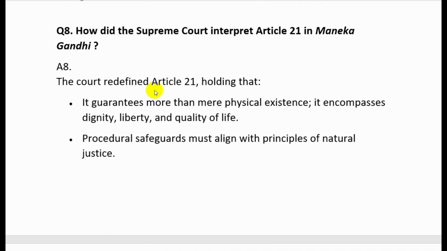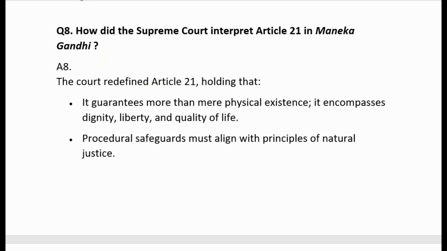How did the Supreme Court interpret Article 21 in Maneka Gandhi? The court redefined Article 21, holding that it guarantees more than mere physical existence. It encompasses dignity, liberty, and quality of life. Procedural safeguards must align with principles of natural justice.